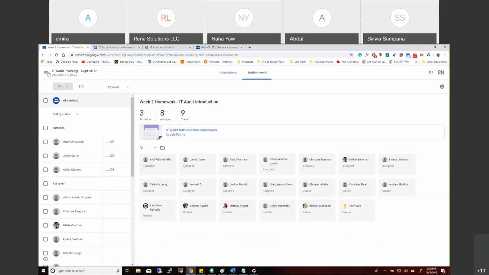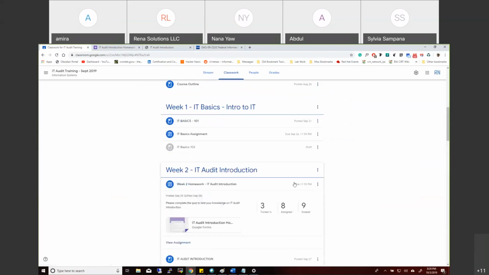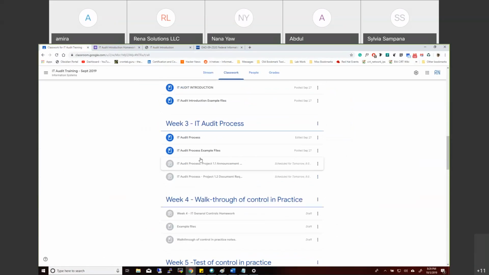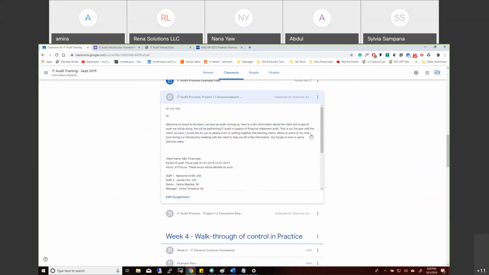So the notes and example files are already available. In class, I wanted to assign the project as homework, but we're going to do these projects in class to get more hands-on with how to fill out some of the templates you will be working with.